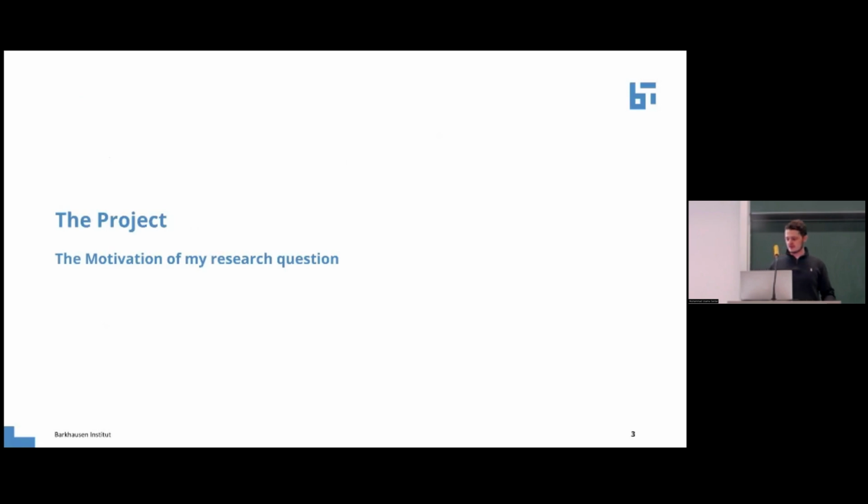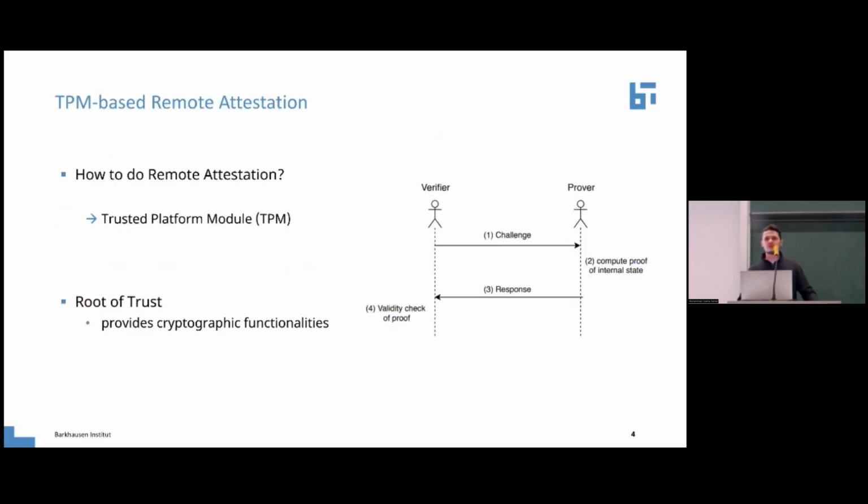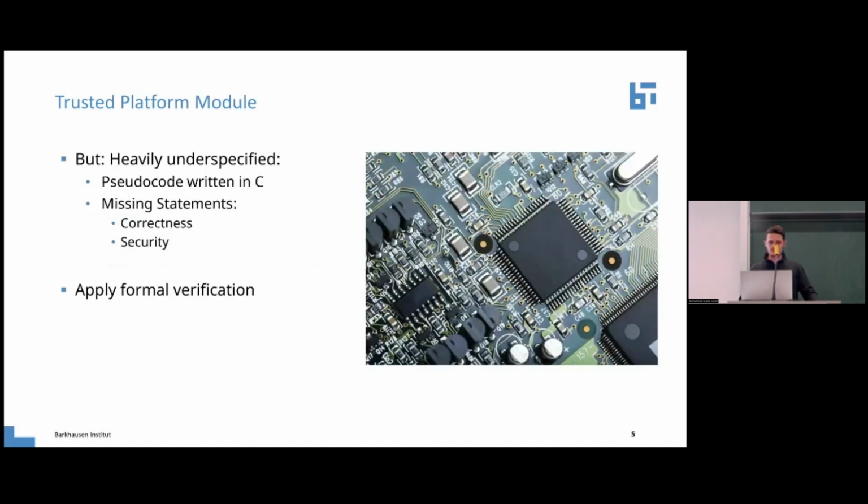Okay, the project motivation, I guess I don't have to tell you what remote attestation is. So the question is, why do we want formal verification? If you look at the TPM specification, you see it's a really big file of C pseudocode. And the TPM does provide many functionalities, including cryptography.